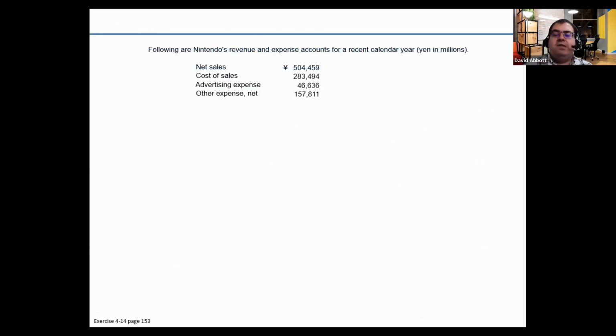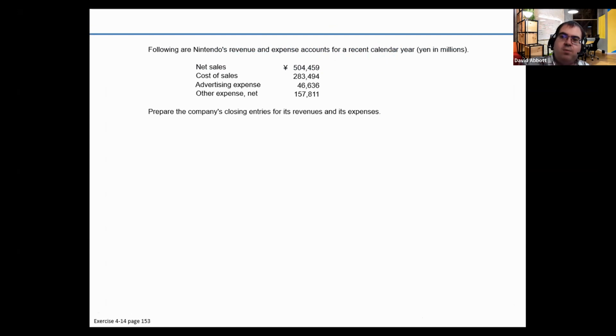Following are Nintendo's revenue and expense accounts for a recent calendar year. Now, they kind of throw us a wrinkle, because rather than dealing in US dollars, we're going to be dealing with yen, because Nintendo is a Japanese company. But it's going to be exactly the same way as we did.